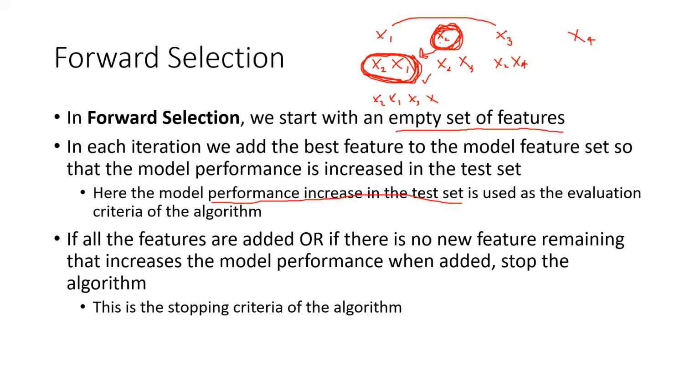But because of the nature of this algorithm, it has selected x2 first, and we are going to check all the combinations that are coming with x2 only, right? So we will miss this specific combination as the best combination.